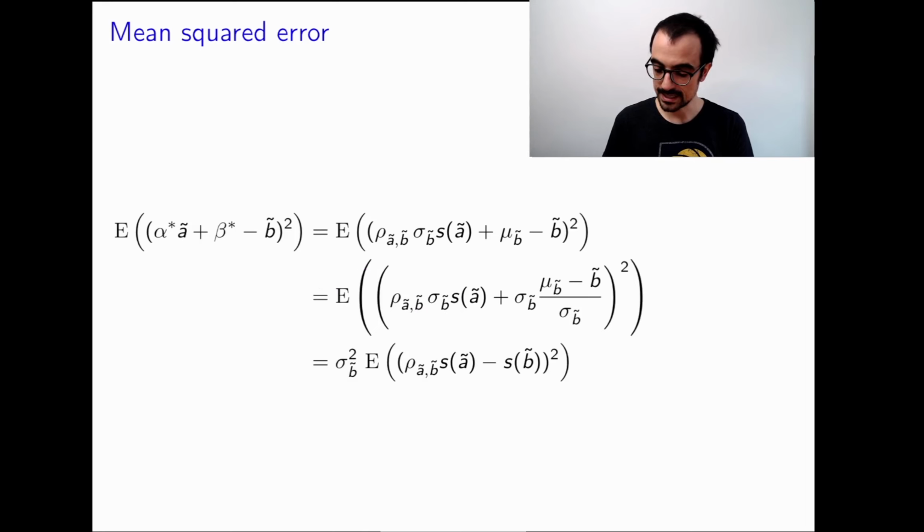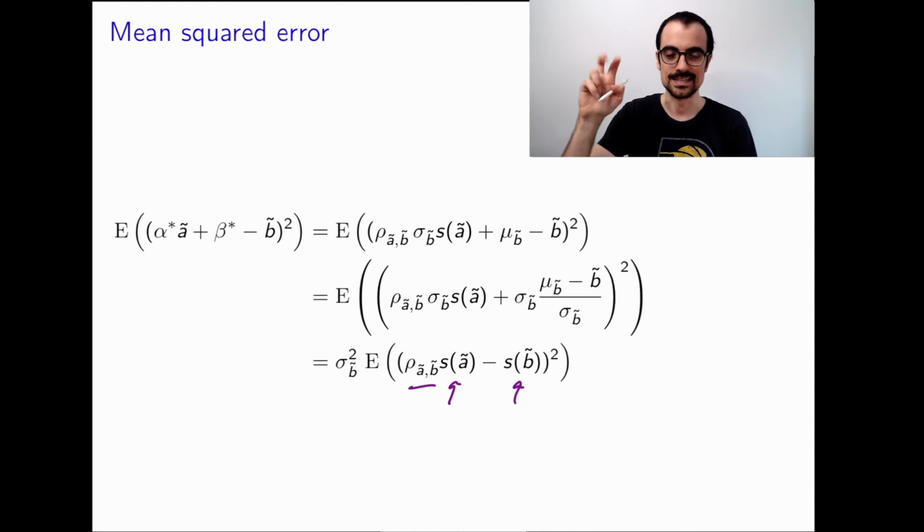And we realize that here we have the standardized version of B. So now we have the correlation coefficient times the standardized version of A minus the standardized version of B, which is the mean squared error of the standardized linear estimate, right? Because this standardized linear estimate tries to approximate the standardized version of B using exactly this linear estimate.